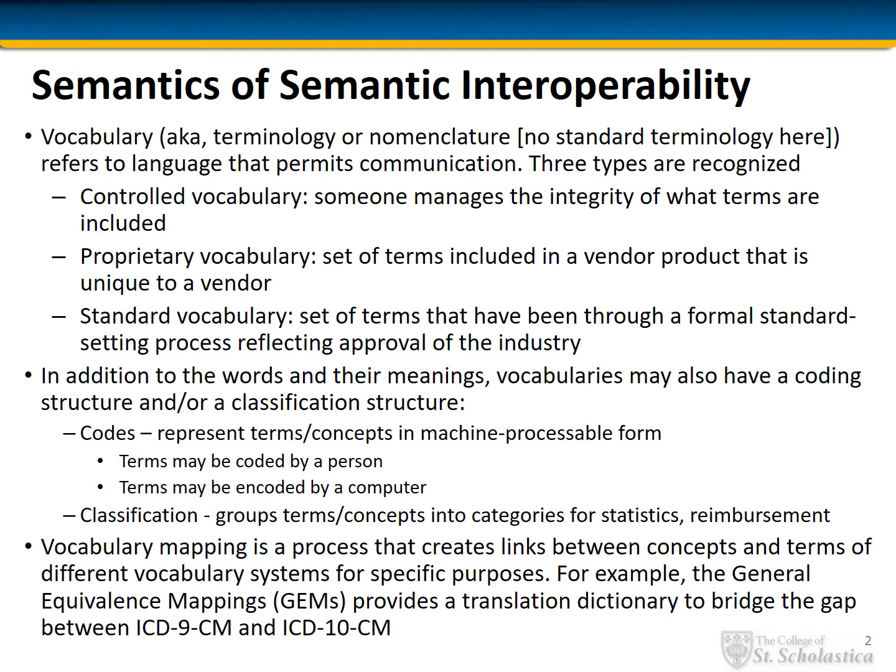So, for example, I may have a diagnosis of a specific condition, chronic obstructive lung disease. SNOMED takes that term set of words and codes it automatically. A classification groups terms or concepts into categories for statistics, reimbursement, and other purposes. And certainly ICD or ICD-10-CM is an example.